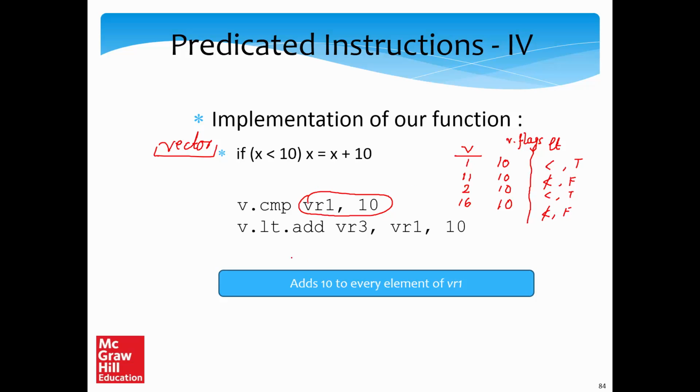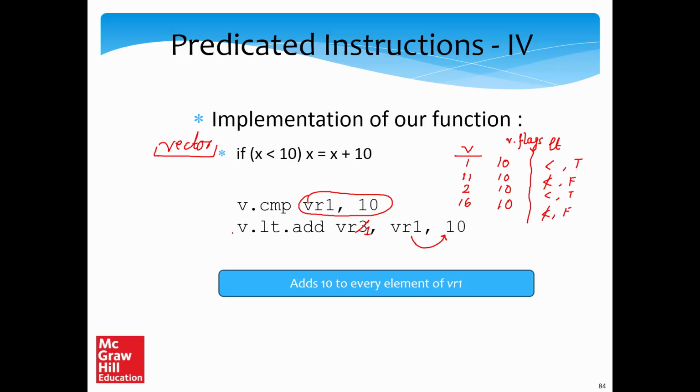So at this point, what we do is add 10 to each and every element of VR1. I'm sorry, this should be VR1. So we add 10 to each and every element of VR1, and we save the result in VR1.